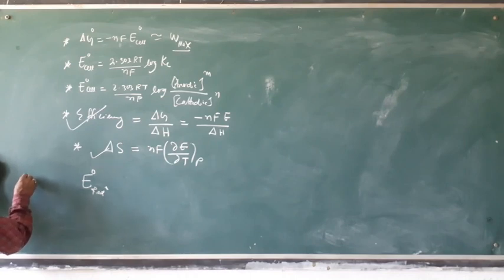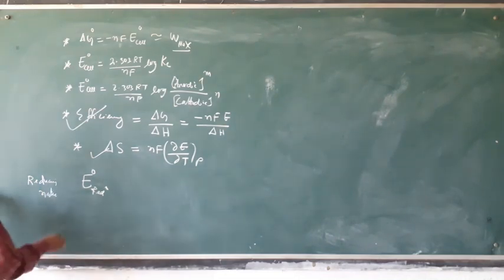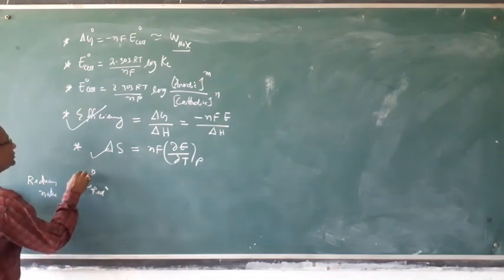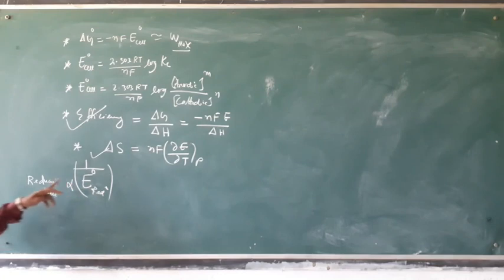Reducing nature is inversely proportional to the E naught value. High reduction potential means low reducing nature.